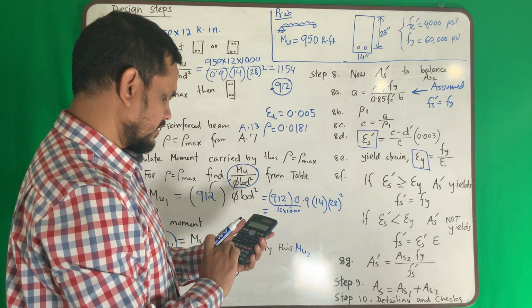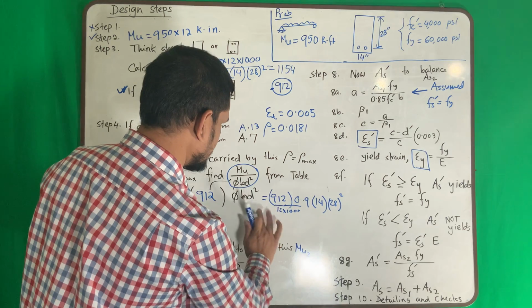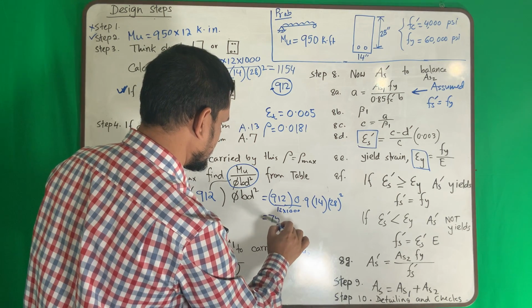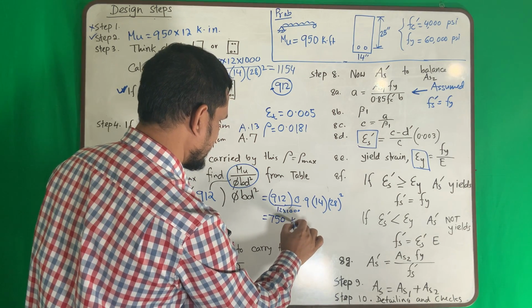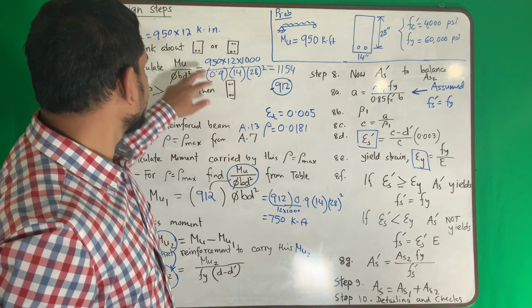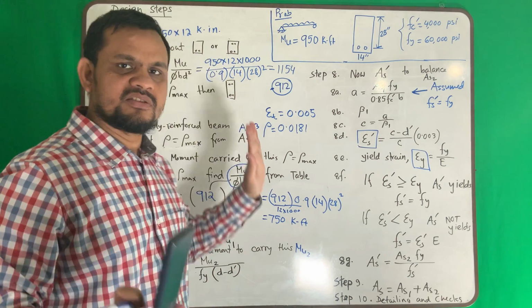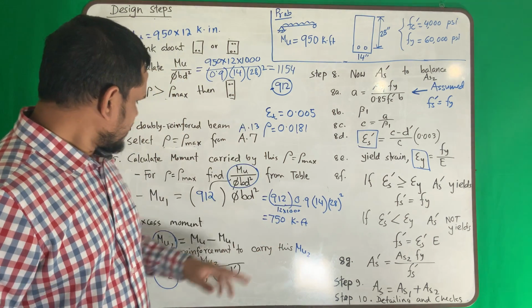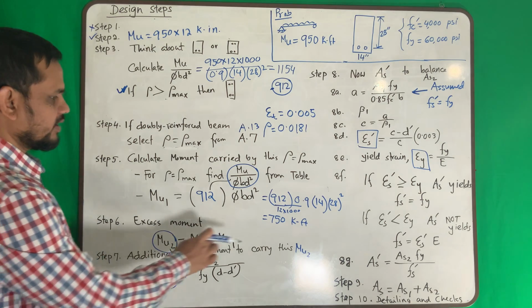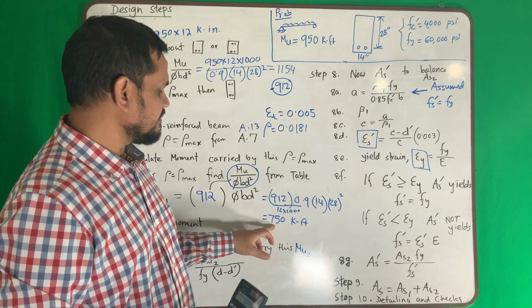So divided by 12,000, I got 750 kip-feet. The reason is my initial moment was in kip-feet, or I can even multiply by 12. That is not a problem. So if I provide maximum reinforcement, this beam can take 750.